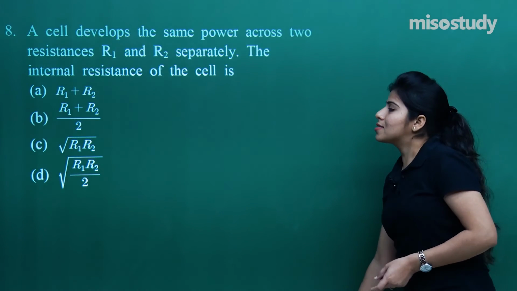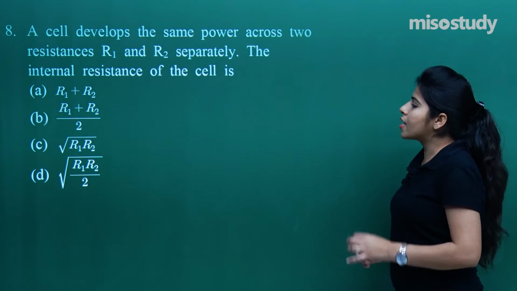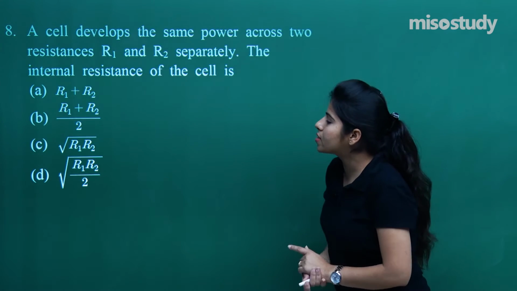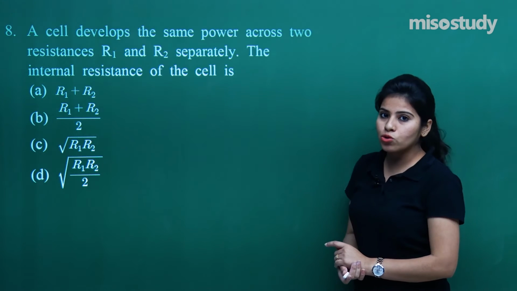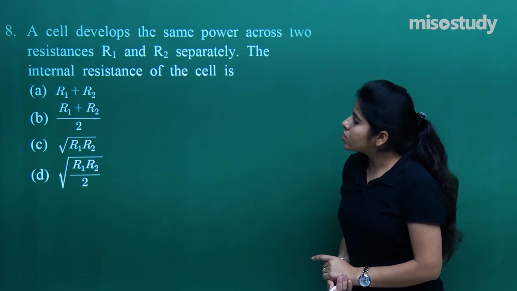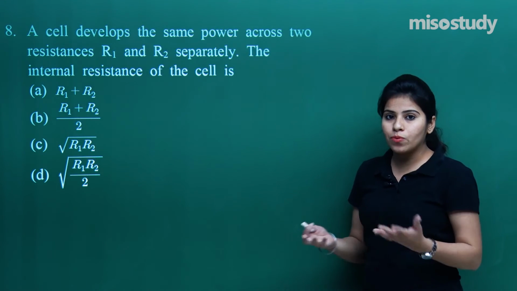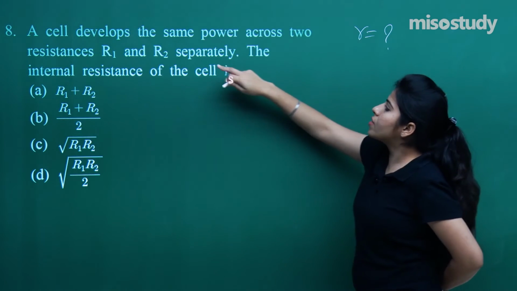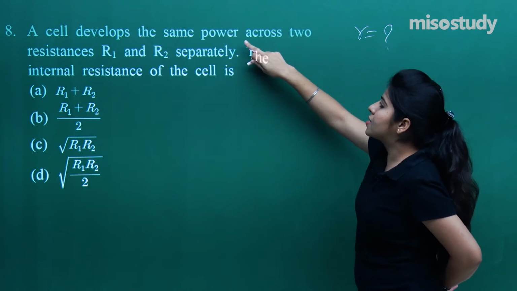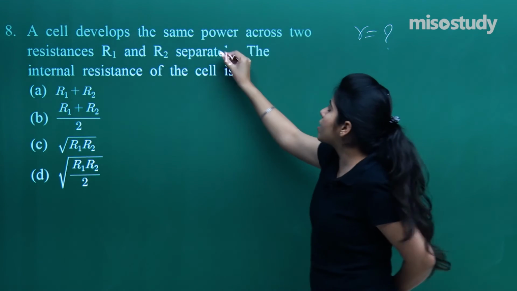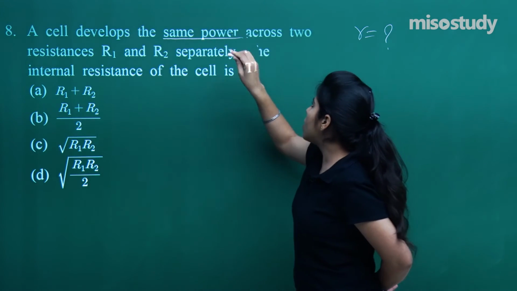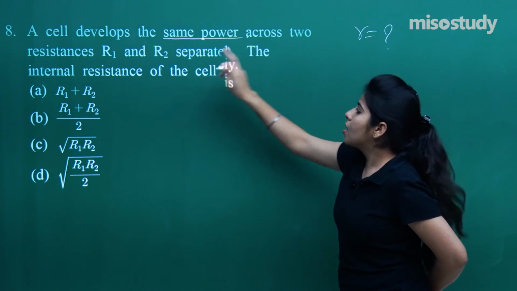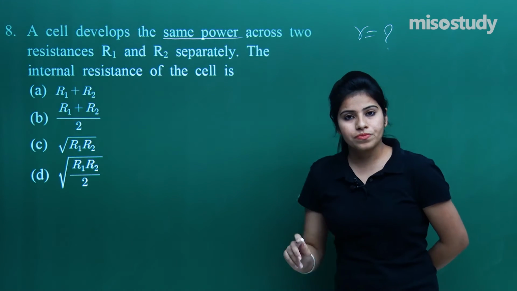Question number 8 is: a cell develops the same power across two resistances R1 and R2 respectively. The internal resistance of the cell will be what? So we have to find r, and the important thing given is the same power across two resistances R1 and R2.